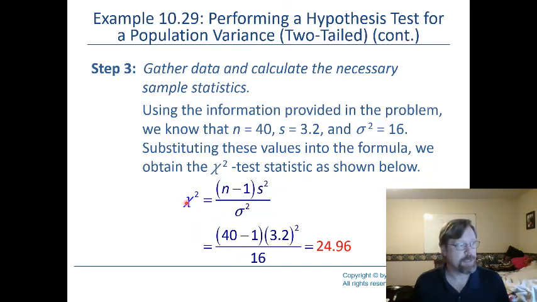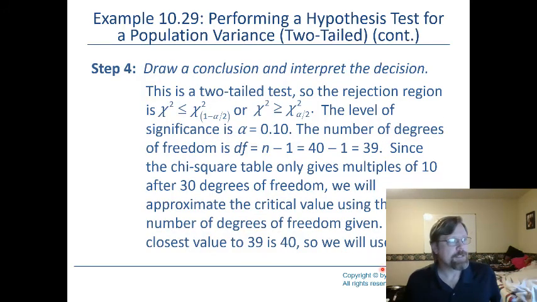Okay, in this case we've got a two-tailed test, so we're dealing with 1 minus alpha over 2, and alpha over 2 as our critical values. The level of significance was 0.1, so this is going to be 0.95, and this is going to be 0.05. Degrees of freedom is 39.